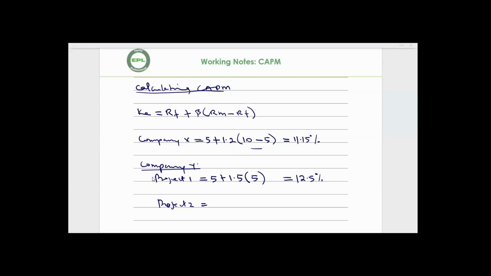It's supposed to be 6. 6 plus 5, 11%. Laura, you should have spoken up. This one is 11%, not 11.15. Okay, this answer appears incorrect. Please check again. If I didn't check your message, it would have gone far.